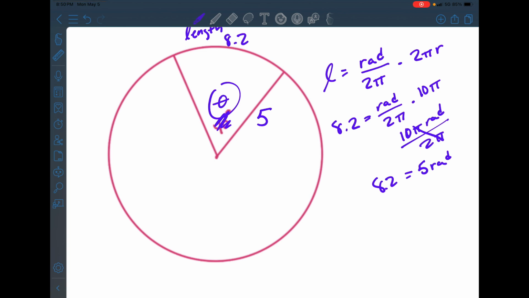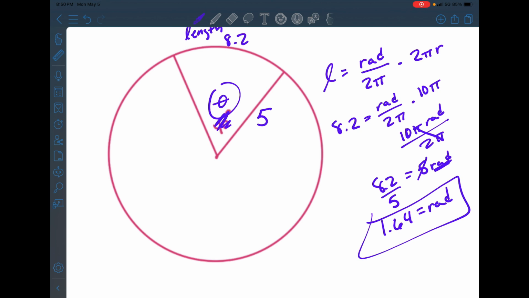Then you're going to take 5 away from radians because this is what we're looking for, okay? And we're going to divide it over here. And then you get 1.64, which is what the radians are. And that's it. That's our last thing on this review.